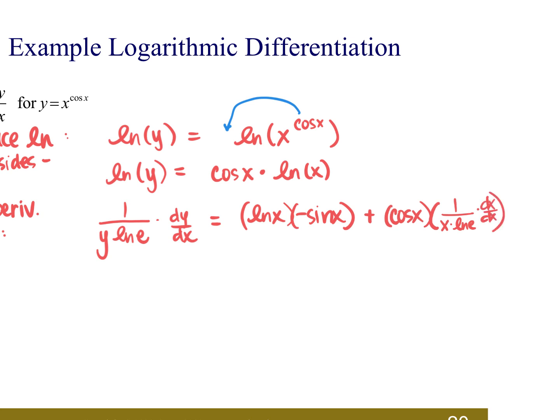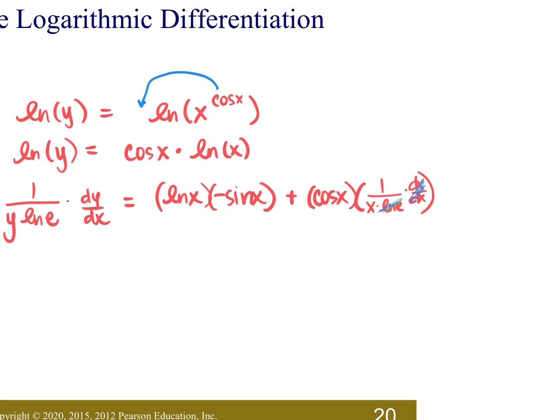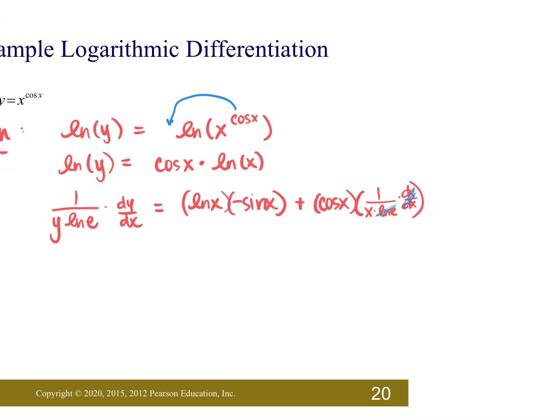Instead of dy dx, this time it's dx dx, but a couple of those things are 1. We know that natural log of e is 1, and dx dx is going to be 1. And the ln e on the other side is 1.